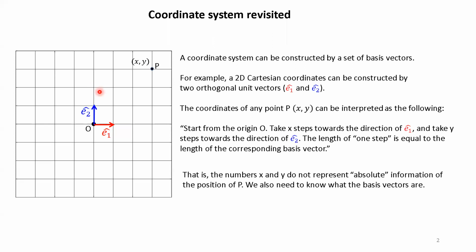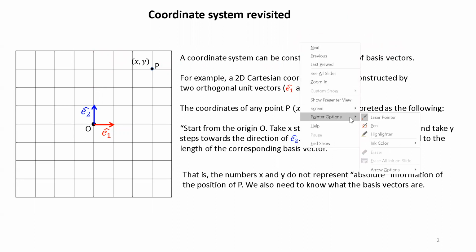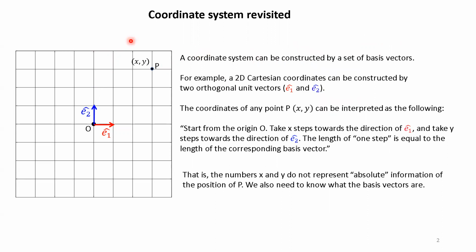Here you can see the most simple case, where I have this two-dimensional Cartesian coordinate system, and then I have all these grid lines. Suppose I have this point P here, and I say that this point P has a coordinate (x, y).